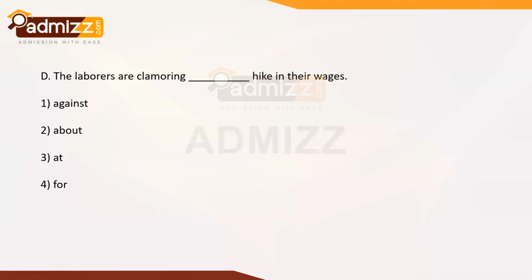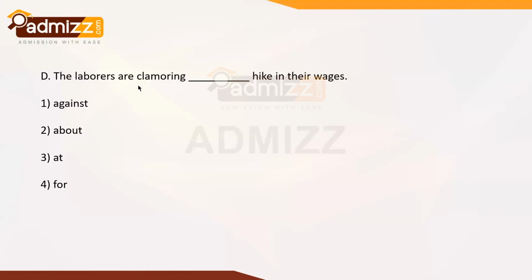Why? For instance, if the sentence read, the laborers are protesting dot dot dot hike in their wages, then "against" might fit there, right? Because protesting against something is the proper form of the sentence.